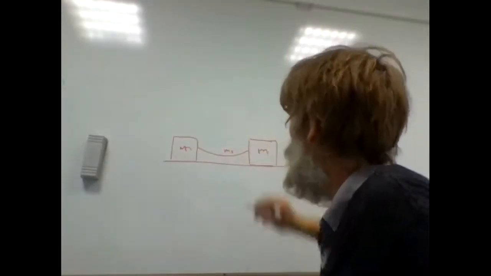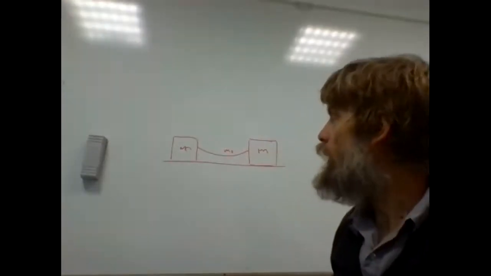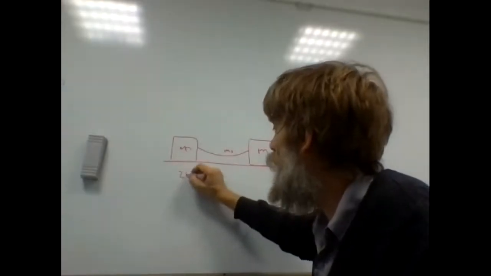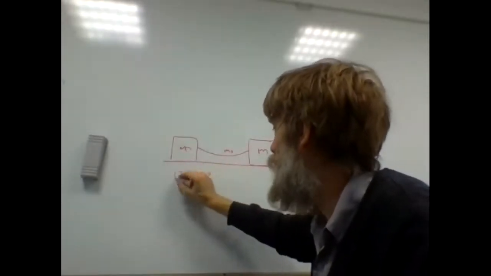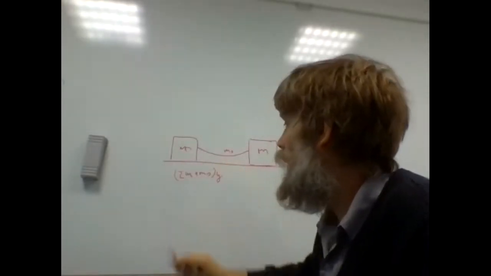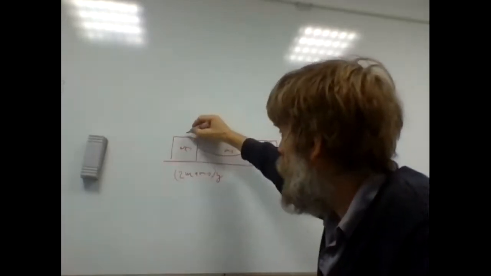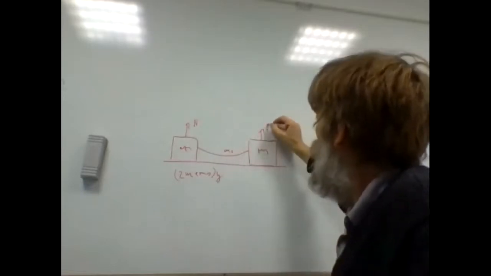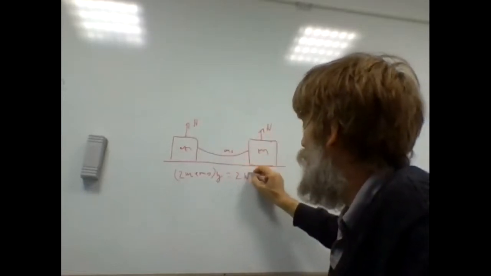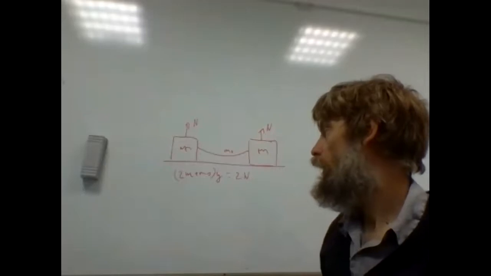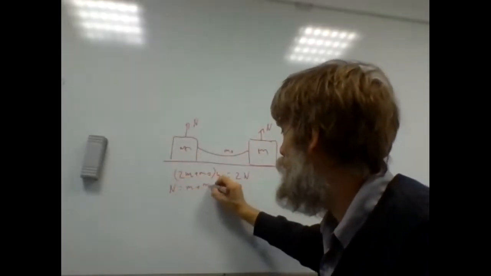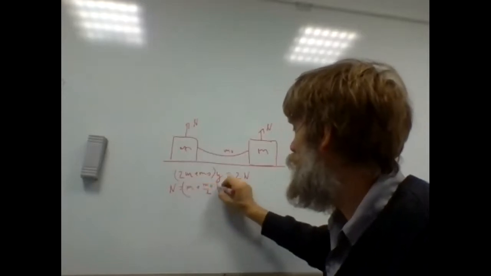And here is also M. And now the total weight is (2M plus M naught) multiplied by g. So this weight is balanced by 2 normal forces, so this is 2N. So that N is (M plus M naught) divided by 2 times g.